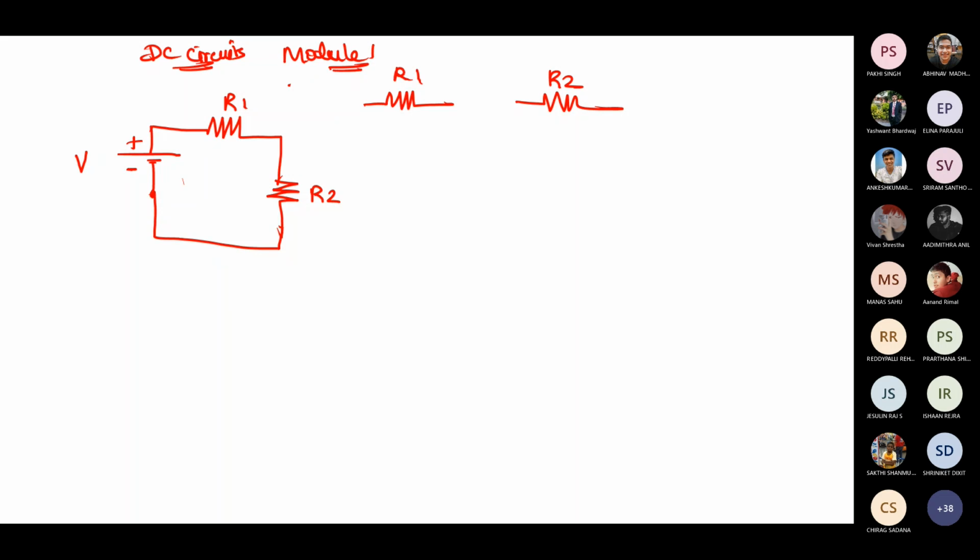In case of DC, we are only worrying about the magnitudes: what will be the value of the voltage or the current, whether it's 5 volt, 10 volt or 15 volt, or 5 amperes, 10 amperes or 15 amperes. But in case of AC, not only the magnitude, we also worry about the direction, whether it's positive or negative, forward or opposite. Both magnitude as well as direction vary.